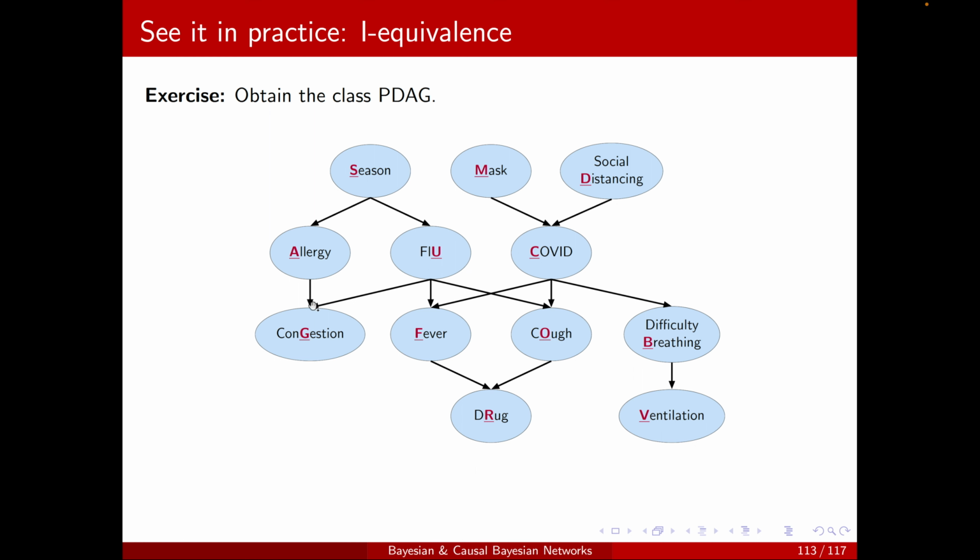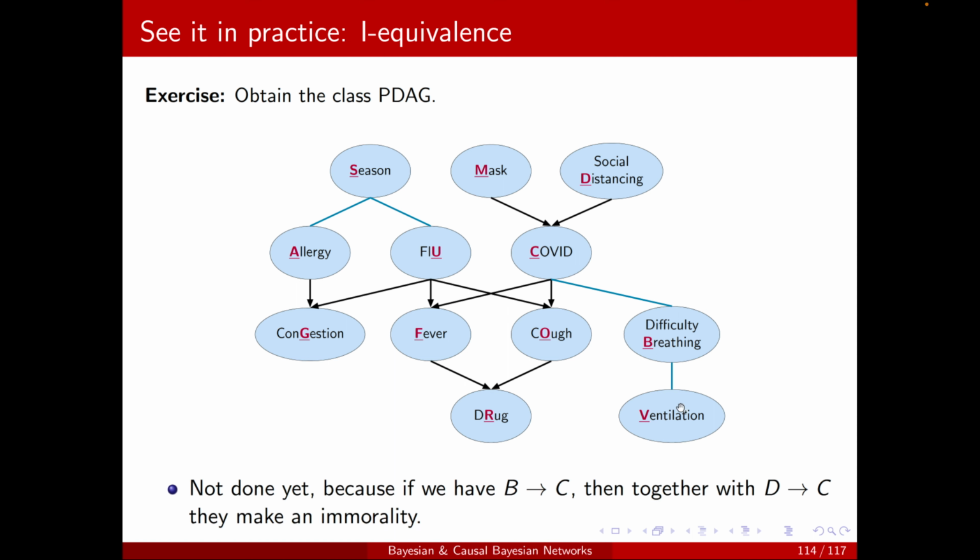Look, for example, allergy, congestion, flu. There's no covering edge between allergy and flu. Mask, COVID, social distancing, no link here. So all these ones, like COVID, cough, flu, fever, congestion, allergy, drug, mask, social distancing, COVID, they all are immoralities. So we keep them, but then the other ones we remove.